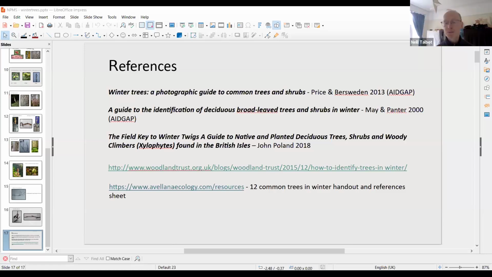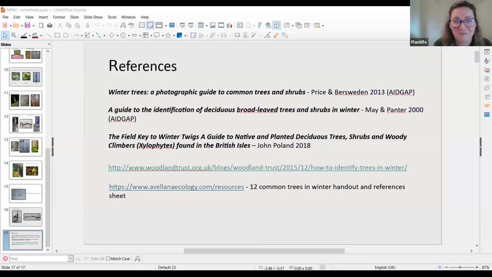Something that struck me really early on is how things can change during the season, particularly the difference between a hazel catkin in November and February. So that is something to bear in mind when you're looking at some of these ID features, because if you didn't know and you looked and came back, you'd think they were different things.